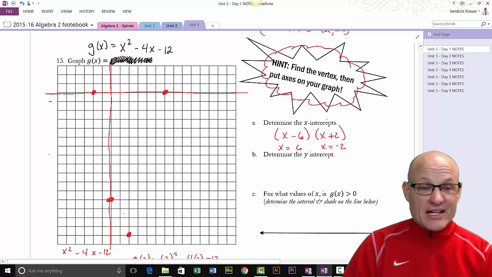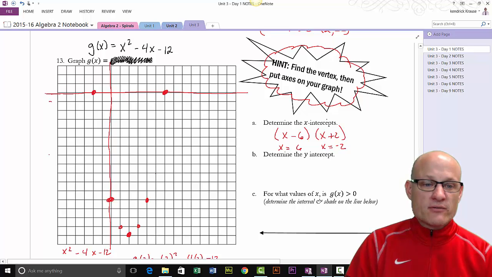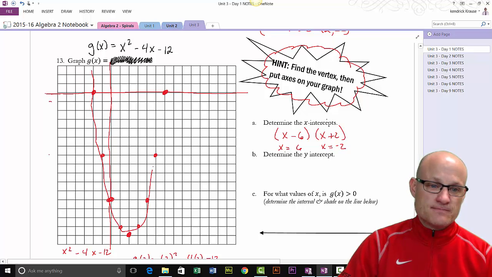Now we're going to go 1, 4s, and 9s. 1 to the left, 1 to the right. Now we're going to go 2 and up 4 and up 4. Then we're going to go 9s, over 3 and up 9. And then the next one is 16s, right? Well, that's already back up to the axis. So there it is. There is my sick parabola.